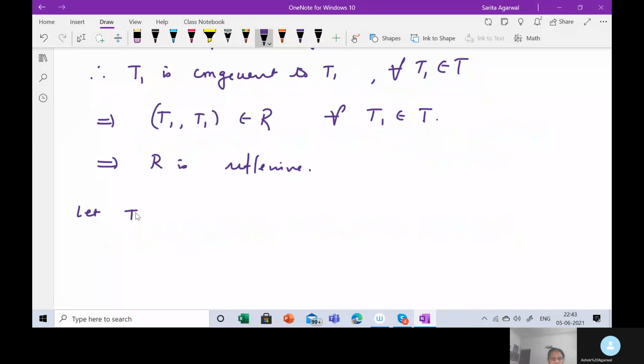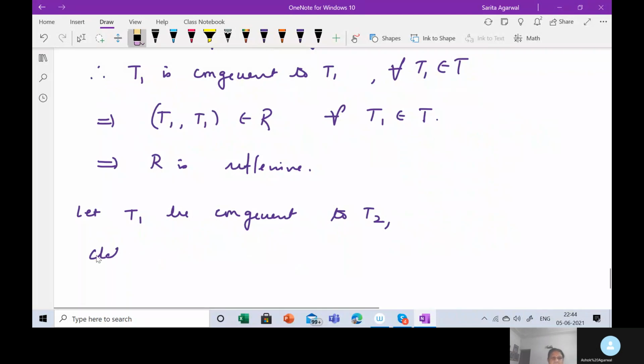Second is, let T1 be congruent to T2. Then the congruency implies that T2 is congruent to T1.